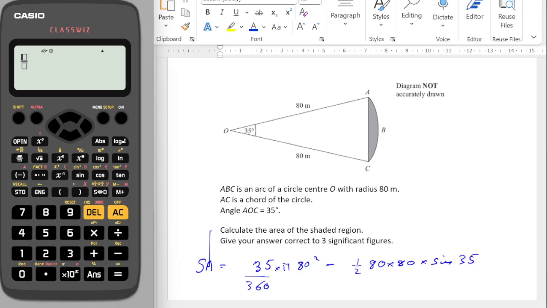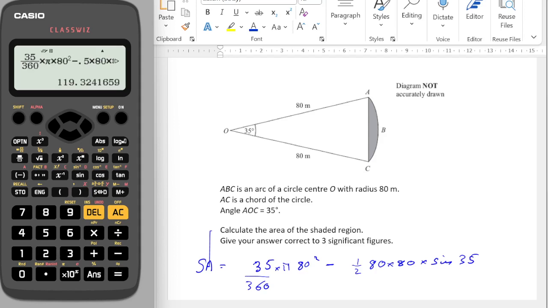So if I type that in, 35 over 360 times pi times 80 squared, and from that I want to subtract 0.5 times 80 times 80 times sine of 35.